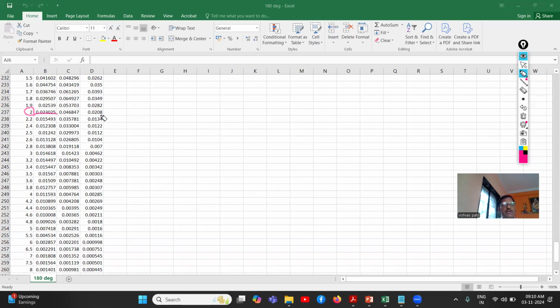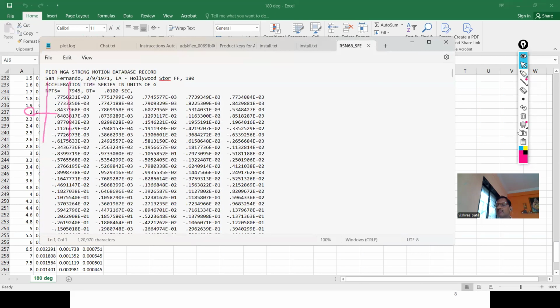Just remember this value. If we take another record that is in the y direction, this is our choice. We can take this particular record for the analysis, or we can take this particular one, because both are in the horizontal direction. While downloading, we have to download one more sheet also, that is this sheet.